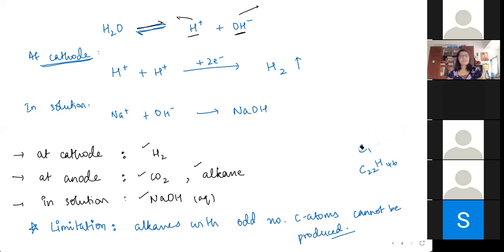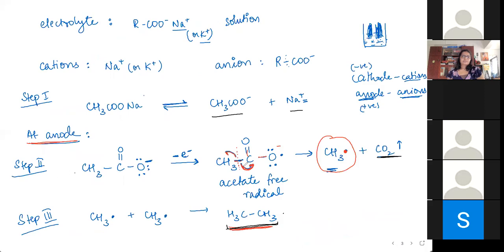The issue is that, again, in electrolysis, if you have extremely large alkyl chains, it is going to affect the rate of the reaction. It is dependent on this dissociation. If this dissociation is not as fast, your rate of reaction will be reduced. Second is the migration of this anion towards the anode.